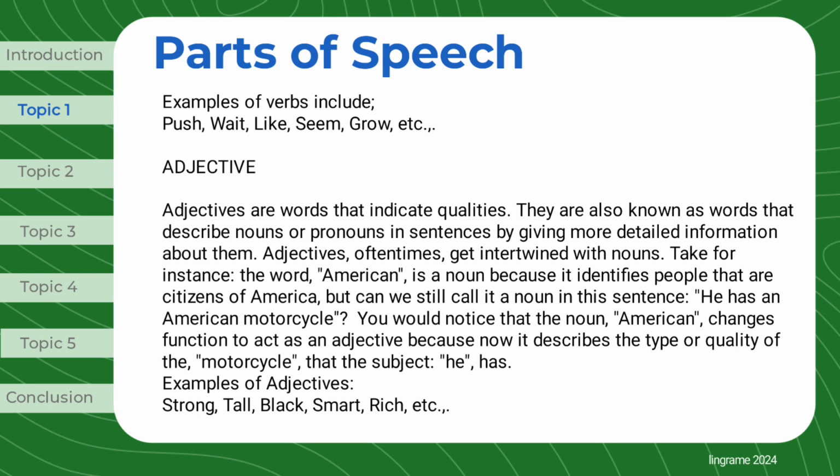He has an American motorcycle. You would notice that the noun American changes function to act as an adjective because now it describes the type or quality of the motorcycle that the subject, he, has. Examples of adjectives: strong, tall, black, smart, rich, etc.